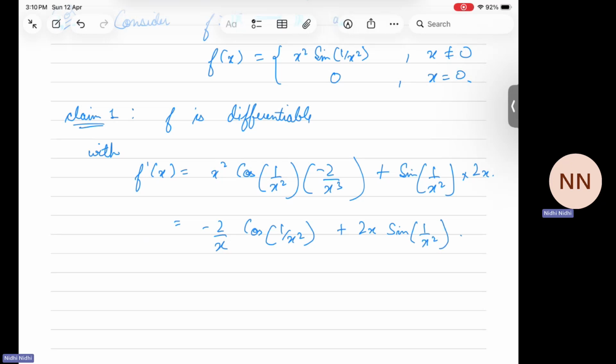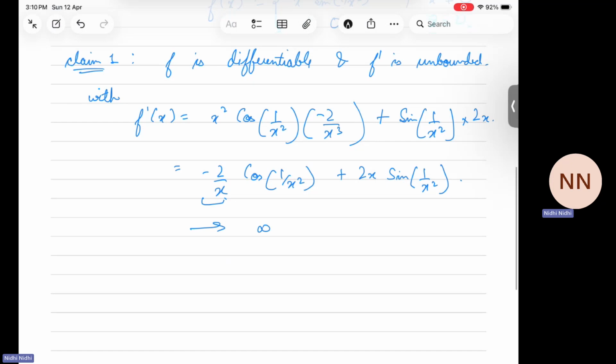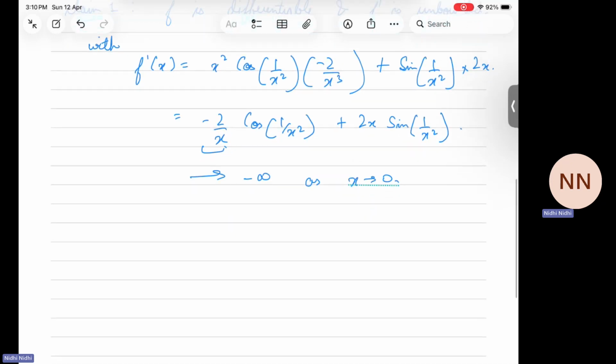Clearly, this function is unbounded when x is near 0 due to this part. So therefore, the derivative is not bounded. f dash is unbounded. This goes to infinity or minus infinity as x goes to 0. Clearly, you can also try to plot this function.